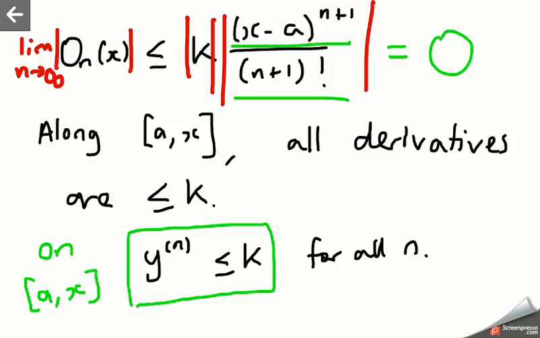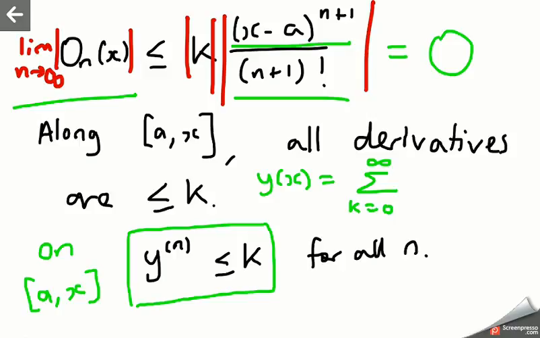So whenever we put anything between a and x into the nth derivative of the y function, we get something that's less than or equal to the number k, then it means that this limit of O_n of x is going to be equal to 0, and hence we have that our function y of x is equal to its Taylor series. So y of x is equal to the sum from k equals 0 to infinity.